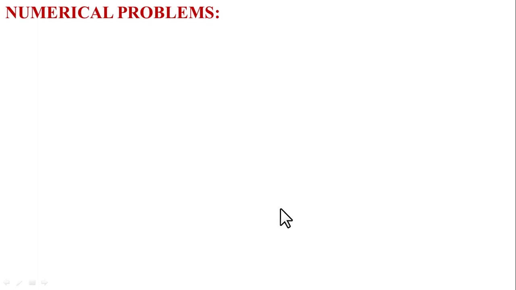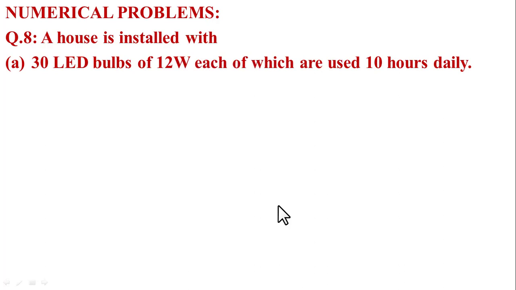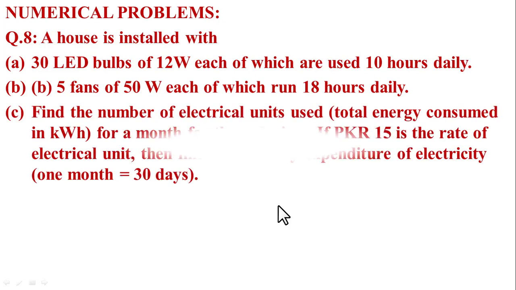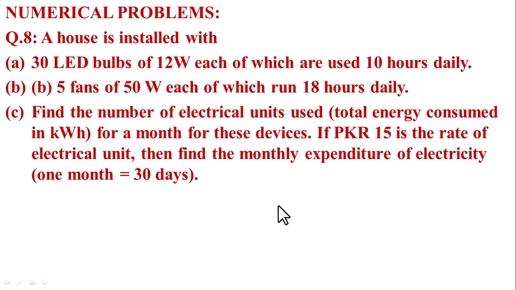In numerical problem question number 8, the given statement is that a house is installed with 30 LED bulbs of 12 watt, each of which are used 10 hours daily, and in B part 5 fans of 50 watt, each fan running 18 hours daily, and in C part the number of electric units used, that is total energy consumed in kilowatt hour for a month of these devices.